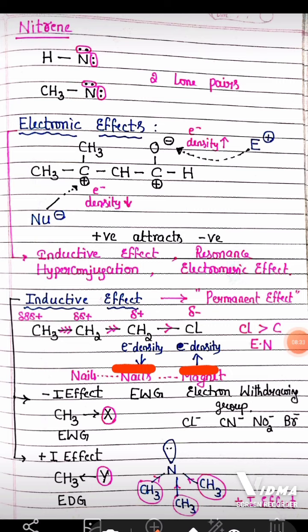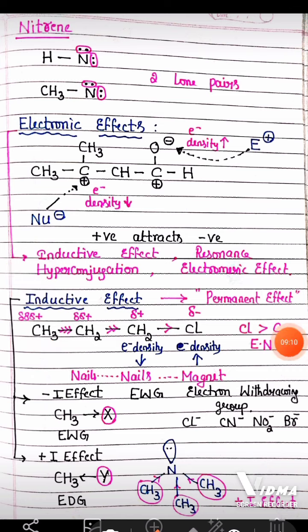That we can represent in the form of delta minus, partial negative charge on the chlorine, and partial positive charge on the carbon atom. Like how a magnet attracts the nearby nails very strongly and a little bit weaker the farther nails, similarly this chlorine electronegativity effect we can find in the remaining carbon atoms also, that we can represent by partial delta positive, and the still farther carbon atoms we can represent with a lesser partial positive charge.